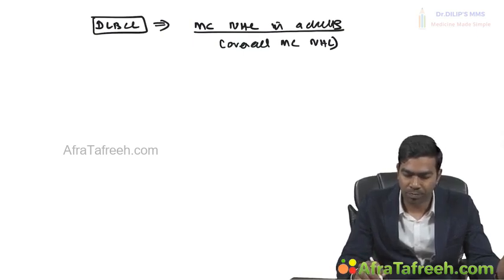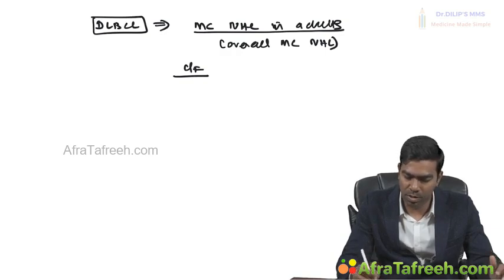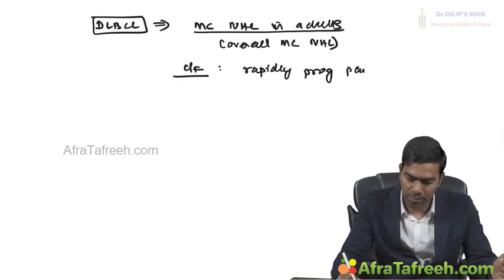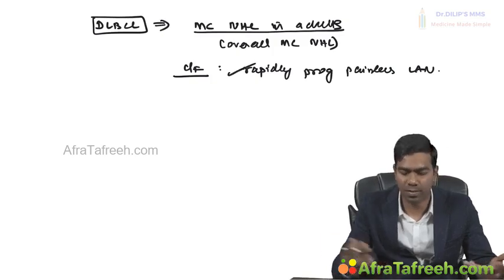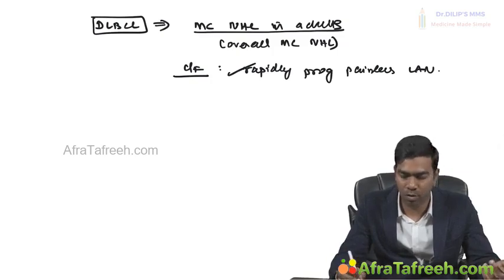What is the clinical feature? How are they going to present? They present with rapidly progressing painless lymphadenopathy. Because it's aggressive, there is rapid progression of lymphadenopathy, not slow progression like follicular lymphoma.